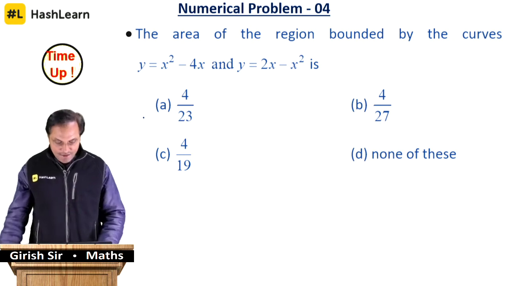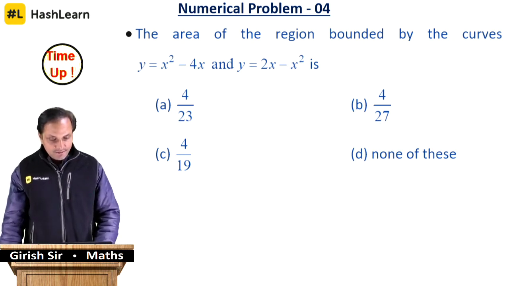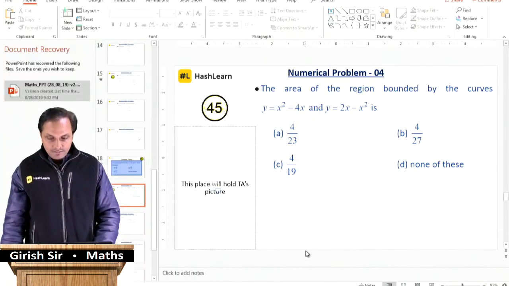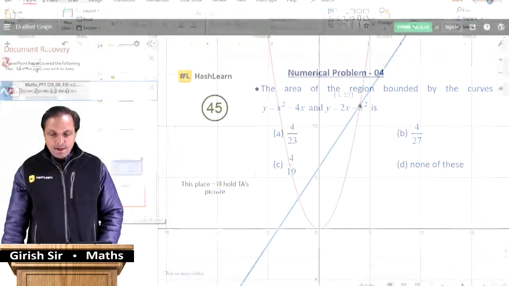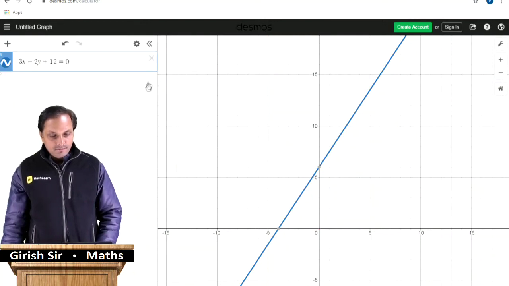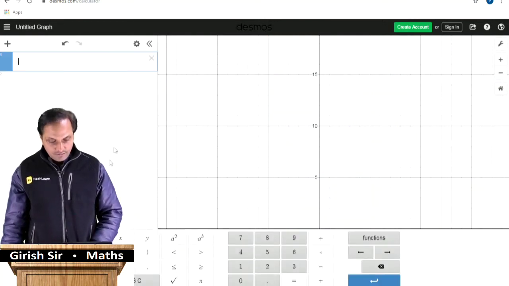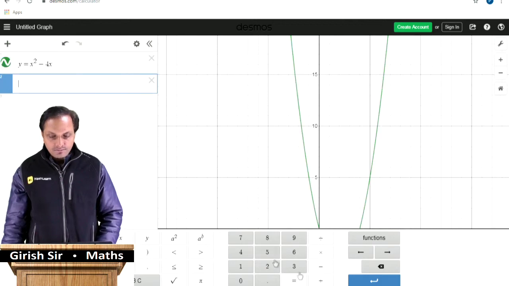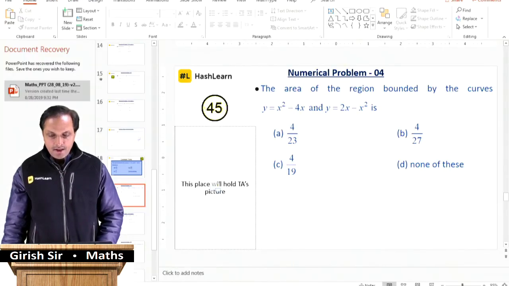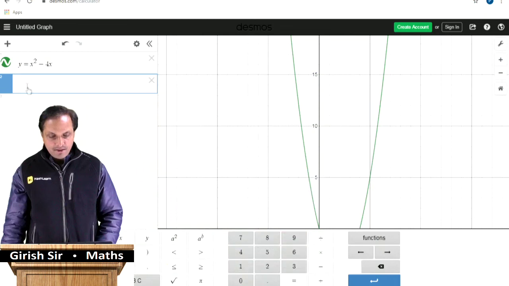So let's see. I will take the Desmos graphical calculator. So y is equal to x square minus 4x. And the second, y is equal to 2x minus x square.